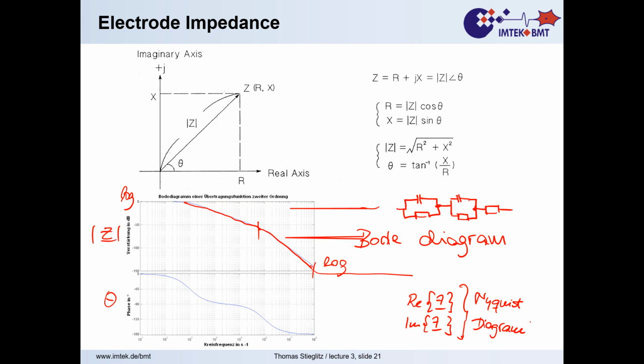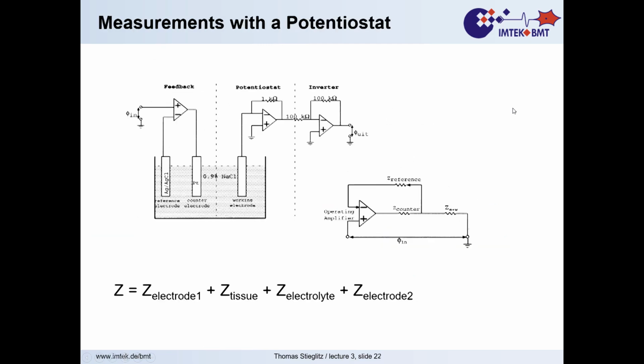But it's equivalent. In some cases, it's better to use the Bode plot. In some cases, people are more happy with a Nyquist plot. If you have the data, you can transfer them by those two equations here, or those four that we have here, back and forth without loss of information.